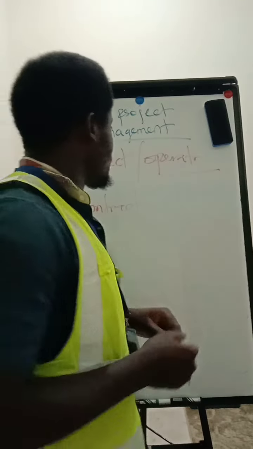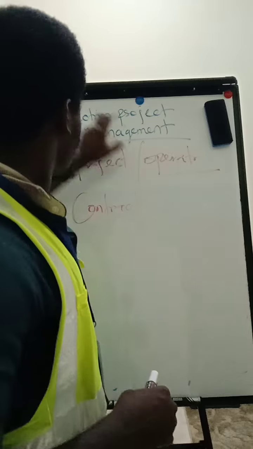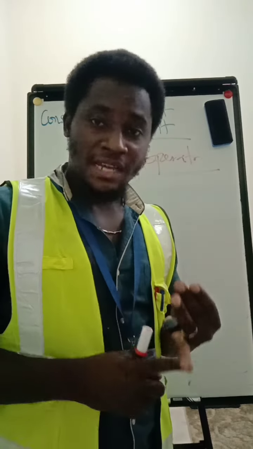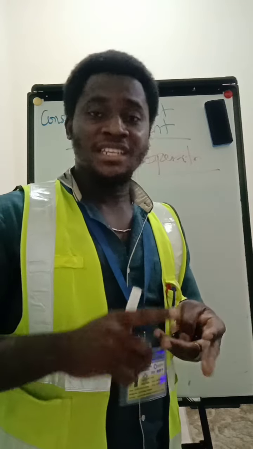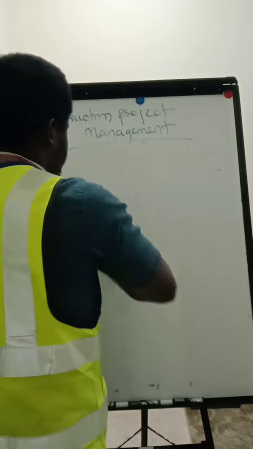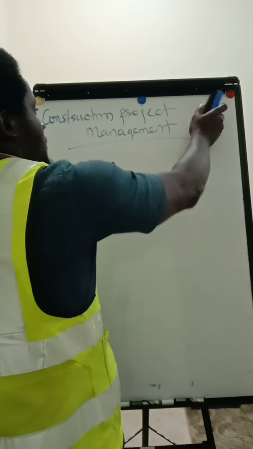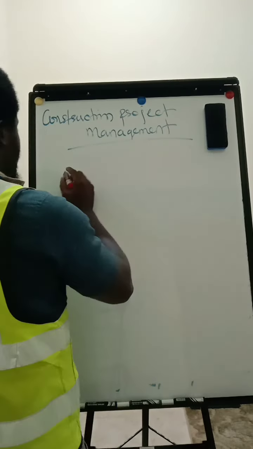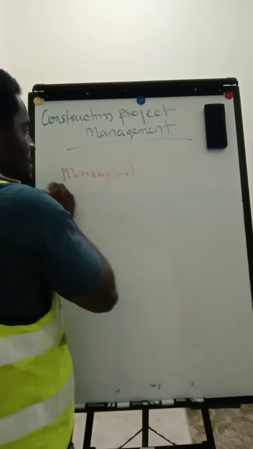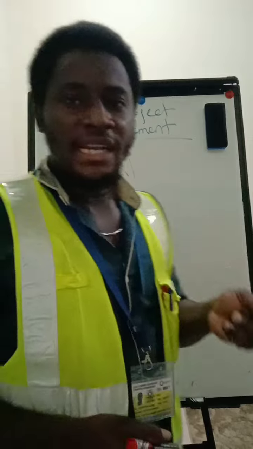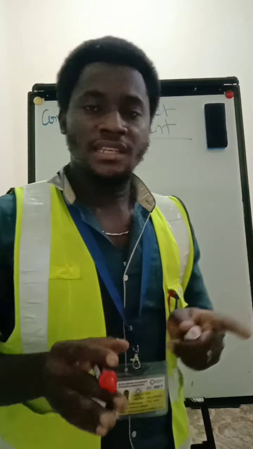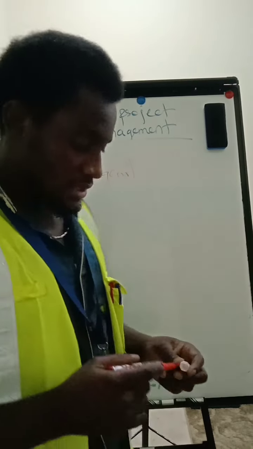Next, we move on to construction management. Before we define construction management, we define what is management, what is project management, and then construction management itself. Management is the act of planning, organizing, leading, and controlling resources effectively and efficiently in order to meet the project goal.